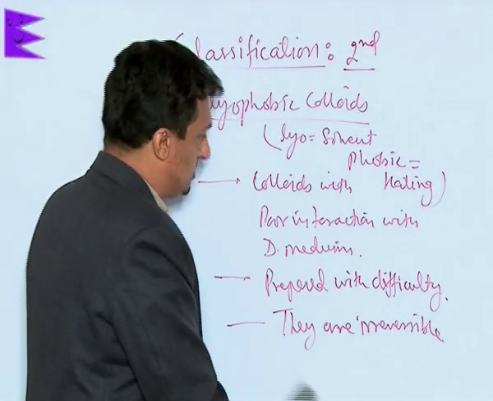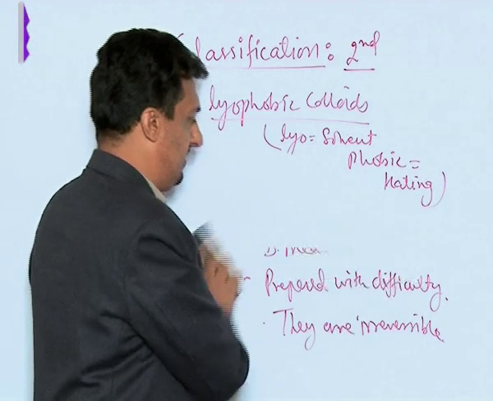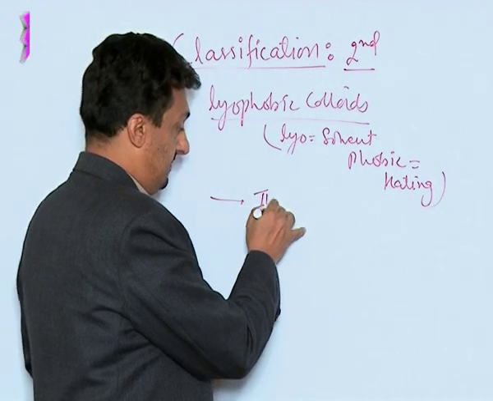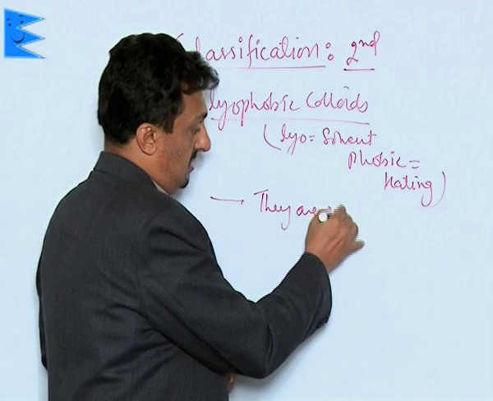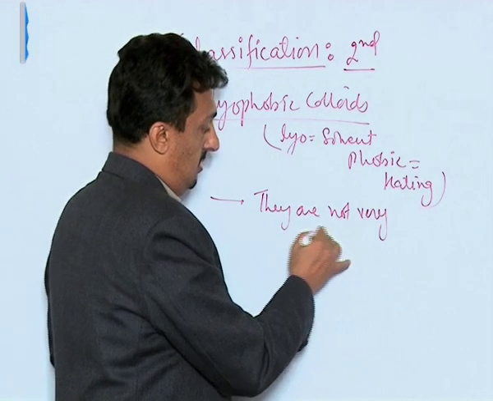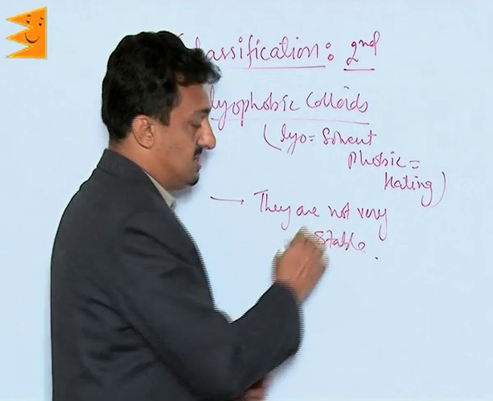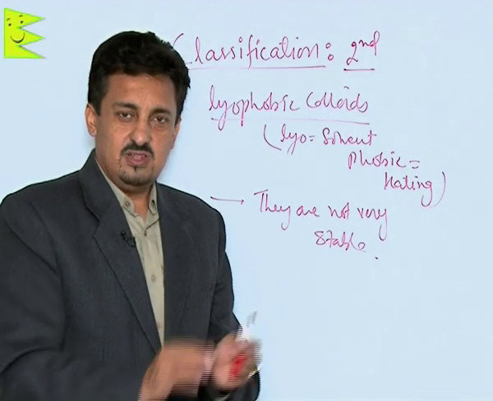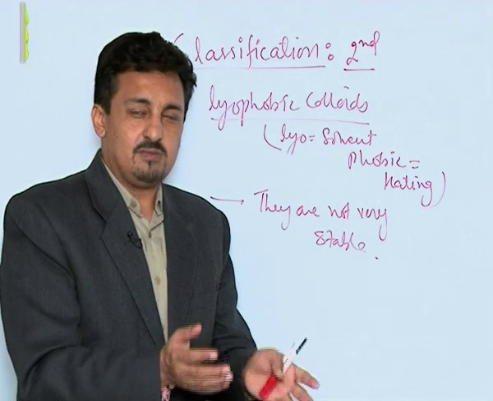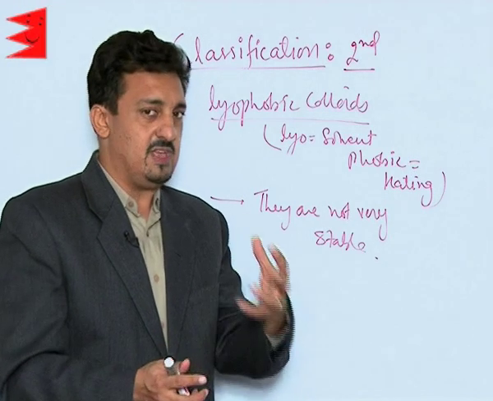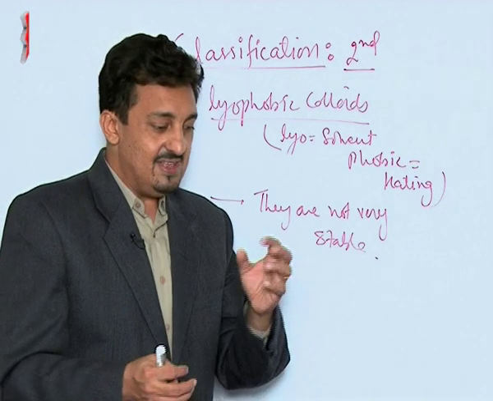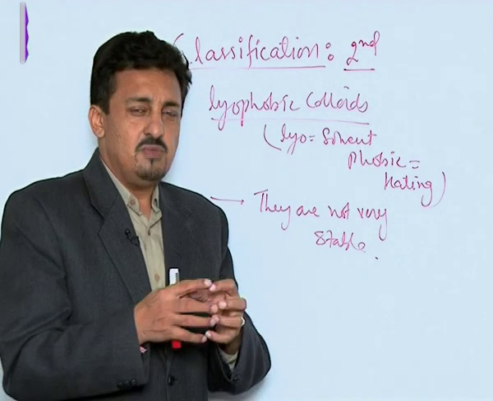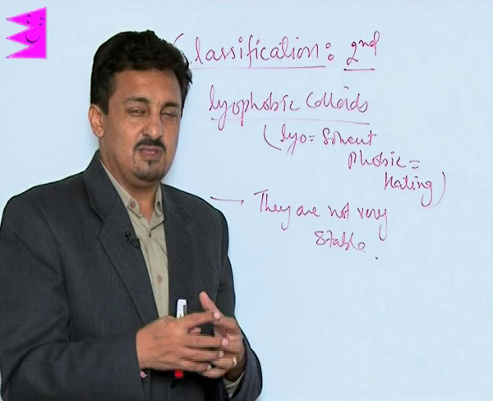Then the most important property is that they are not very stable. They easily coagulate or separate out. The dispersion phase cannot be kept in the medium for a longer time. It easily gets separated out in the form of precipitates. You cannot keep them for a longer time.